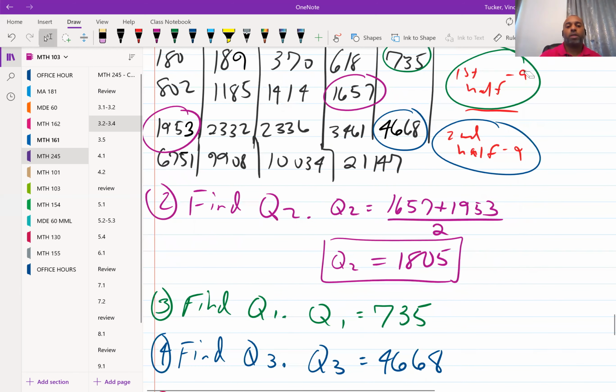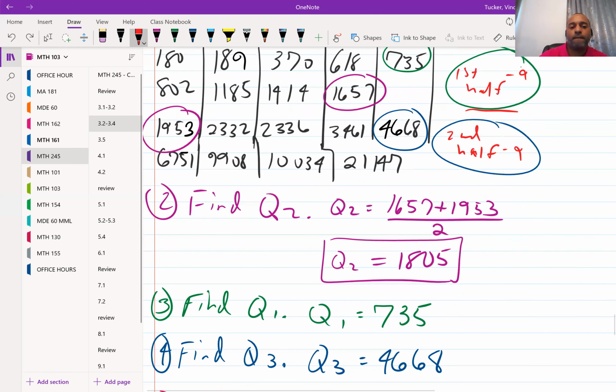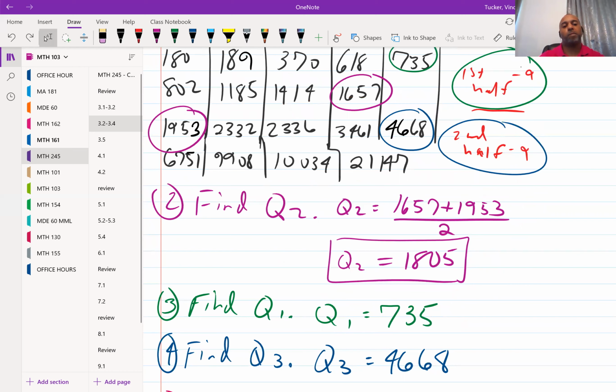Q3 is the middle number of the second half of data, and that's 4668. All right, any questions on steps 1 through 4?